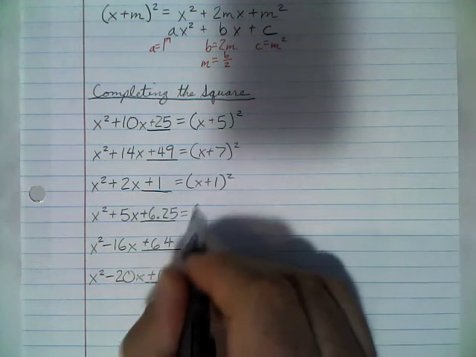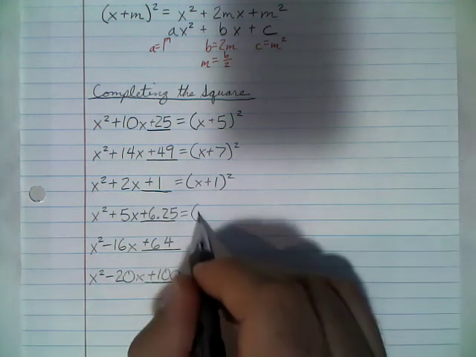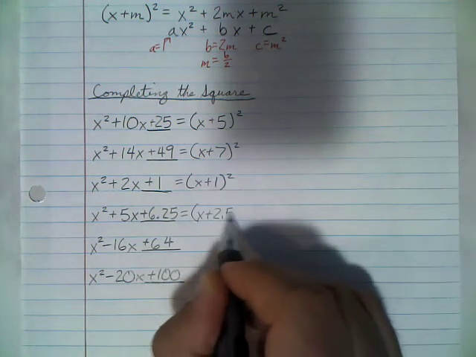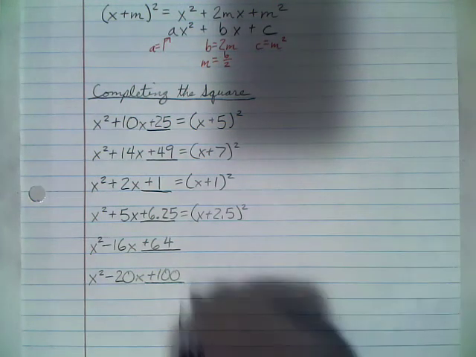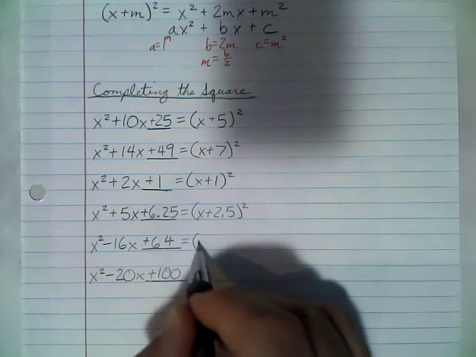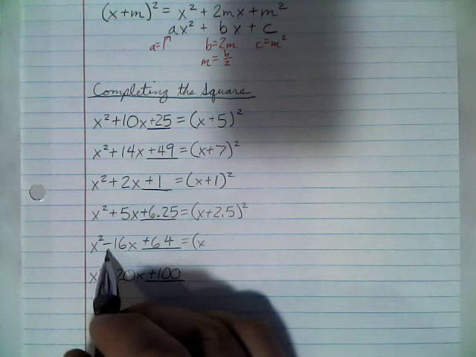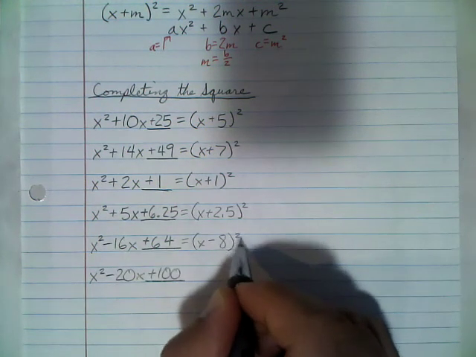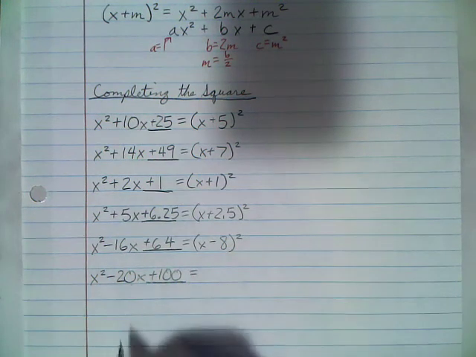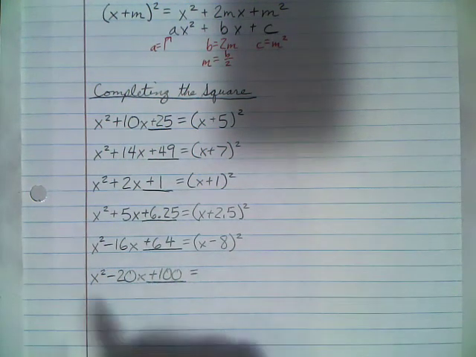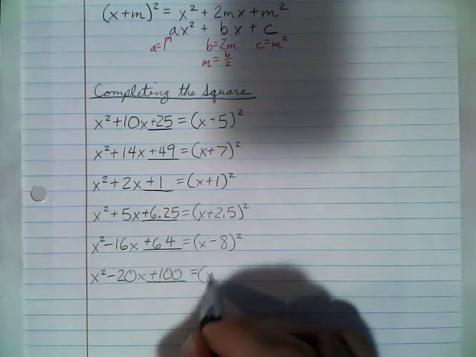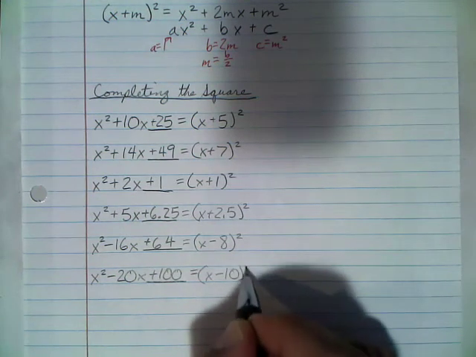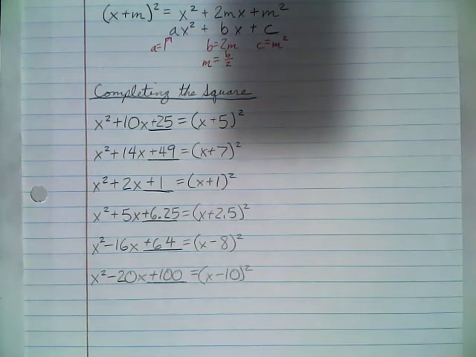Here, 5 divided by 2 is 2.5, so this must be x plus 2.5 squared. Here, this is negative 16 divided by 2, so this must be x minus 8 squared. And then finally down here, negative 20 divided by 2 is negative 10, so this must be x minus 10 squared. And that, ladies and gentlemen, is completing the square.